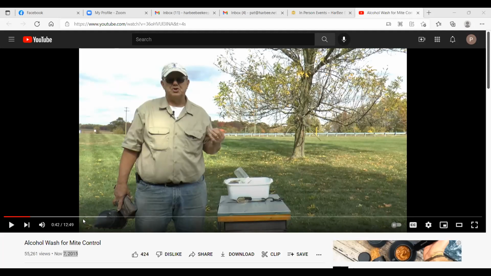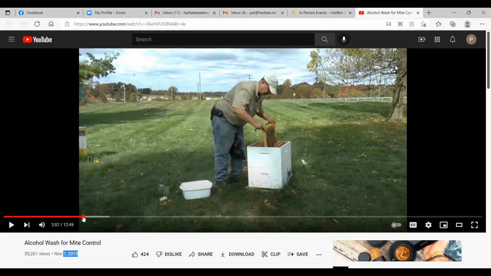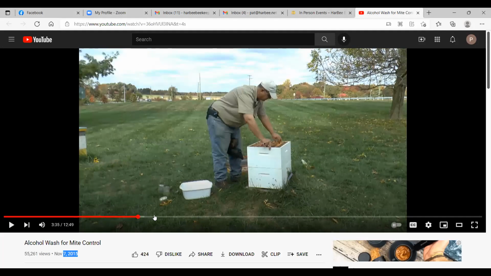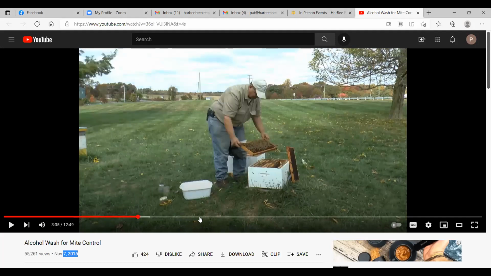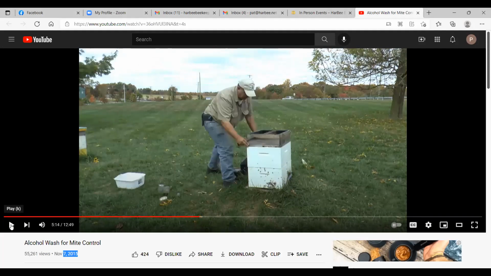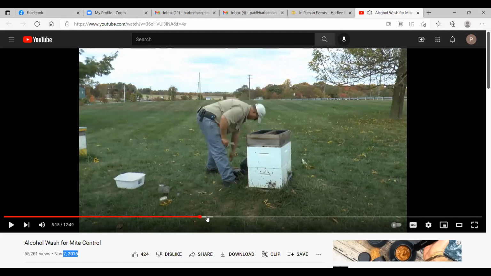So what he does here is he goes through the hive. He opens it up and finds a frame with open brood, meaning a frame with not capped over larva, the metamorphosizing stage, and he shakes it into a bin.